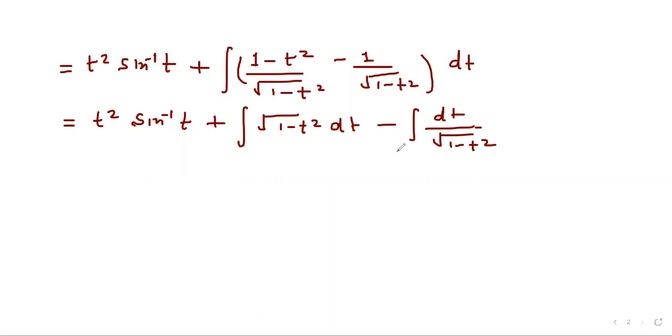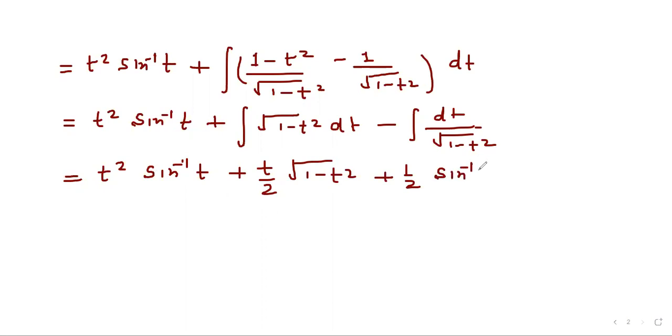So this term will give sine inverse t, and here this term will become t square sine inverse t, and this will become t by 2 by using formula root of 1 minus t square plus 1 by 2 sine inverse t, and this is sine inverse t, and plus c.